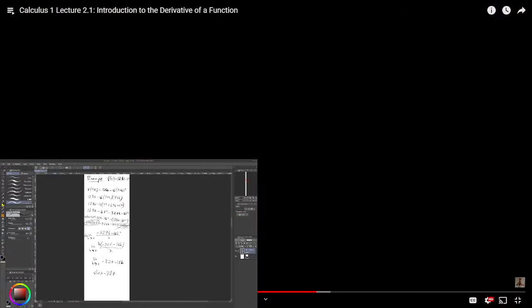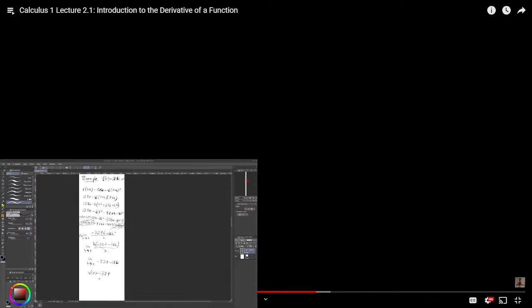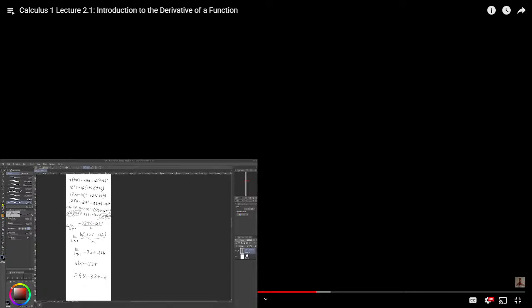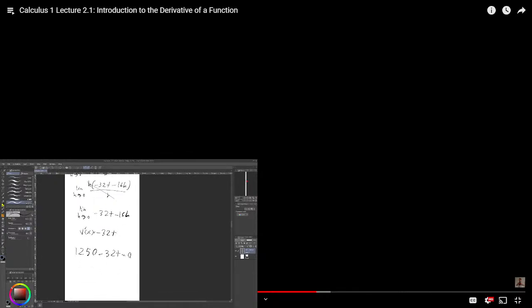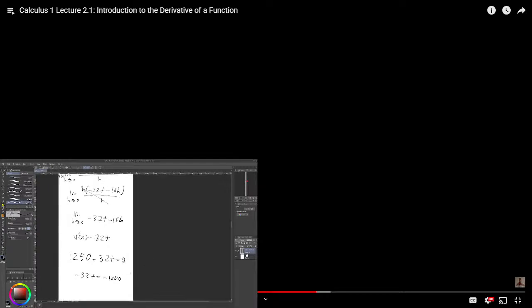When does it hit the ground? See, you do like 1250 minus 32t equals 0, because you have your slope.